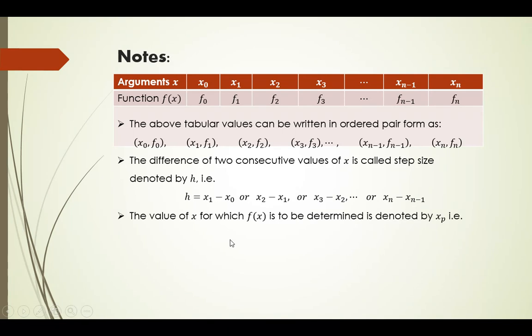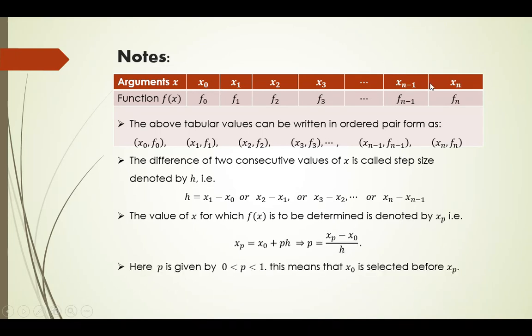Whenever you need to determine the function f of x for a value of x which is not given in the table, but lies somewhere between two values of x, that value of x will be denoted by xp.